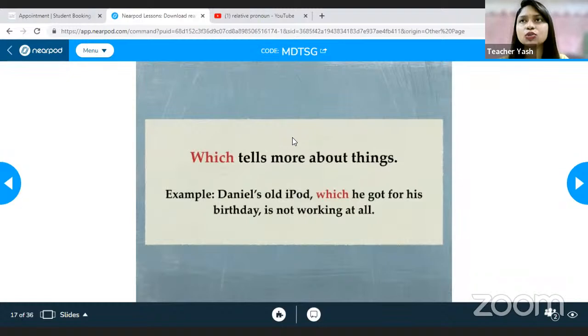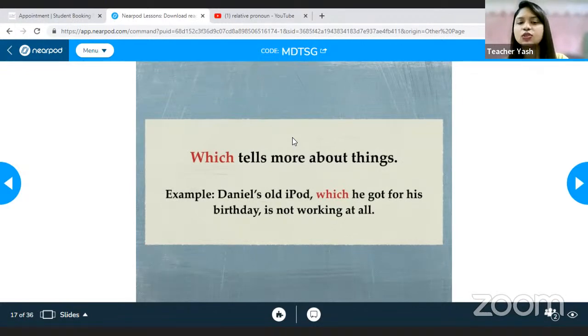Okay. So next is which. Later I will ask you to make your own sentence. That's why I'm giving you examples. So stay focused. Which tells more about things. Example, Daniel's old iPod, which he got for his birthday, is not working at all. So which is only for things. We don't use it for people.